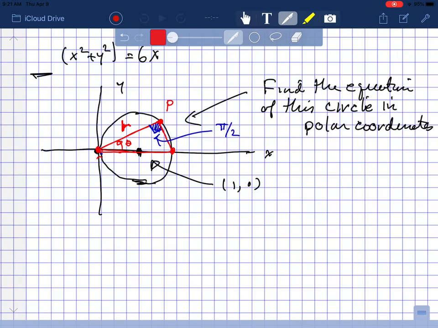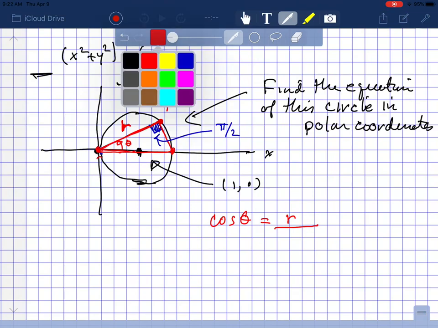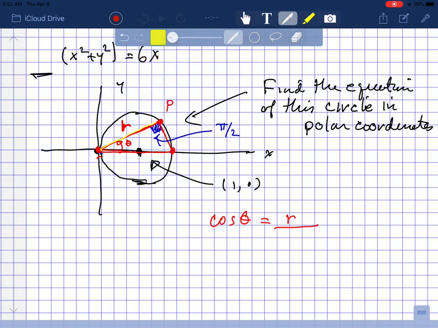Well, you'll remember the cosine of theta is equal to the length of the adjacent side, which is r, that's the side adjacent to theta, divided by the hypotenuse. And the hypotenuse is the side opposite the right angle. So that's this side here.